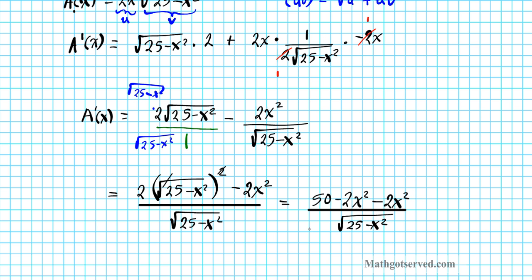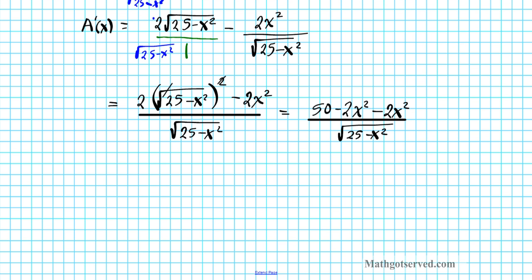Okay, let's simplify that. So a prime of x is simply going to be 50 minus 4x squared divided by the square root of 25 minus x squared.